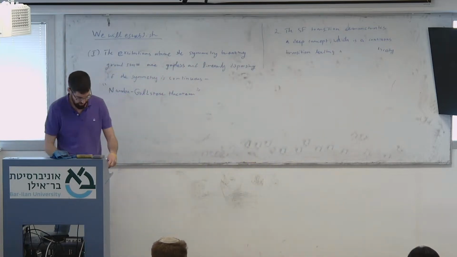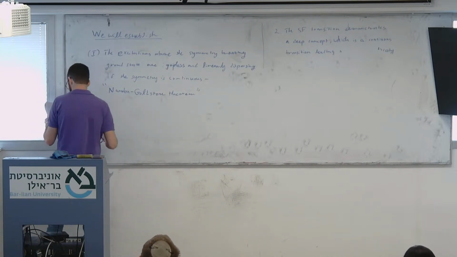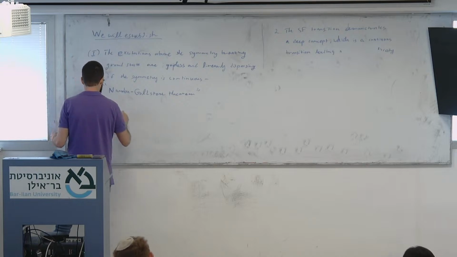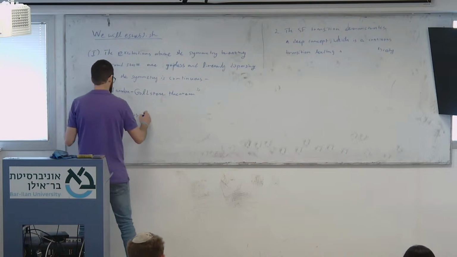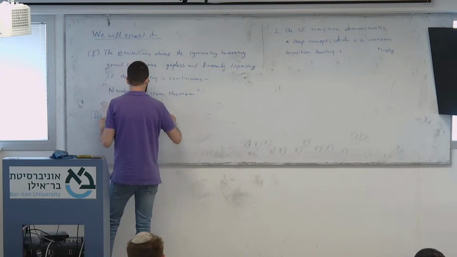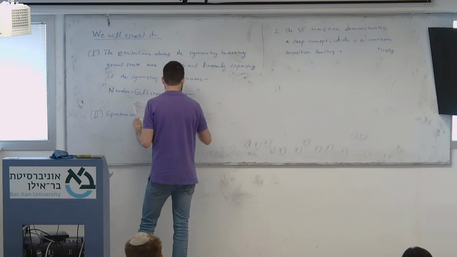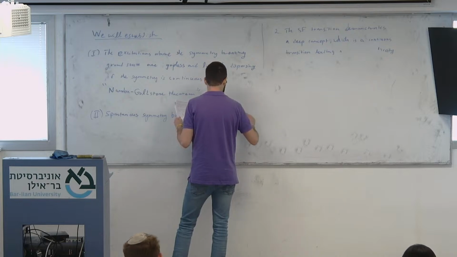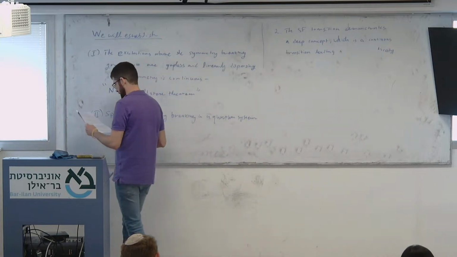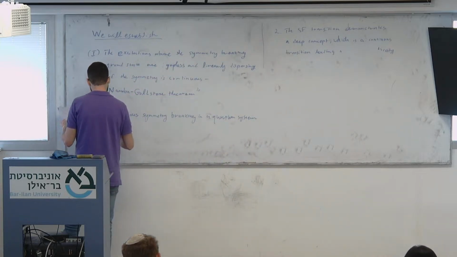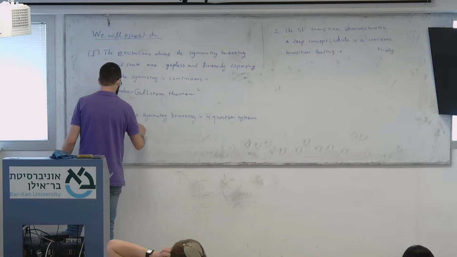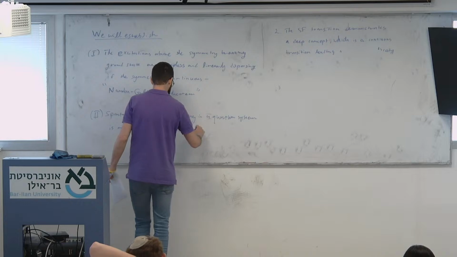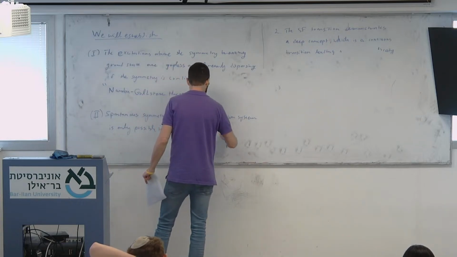Okay. The second thing we're going to establish is that such a spontaneous symmetry breaking in a quantum system is only possible in the thermodynamic limit.